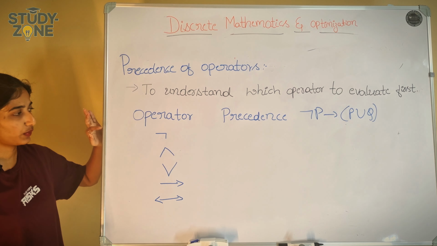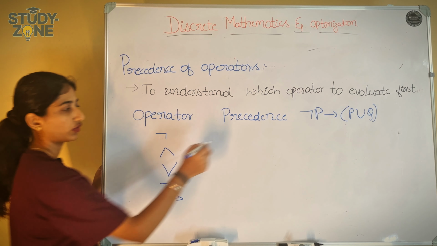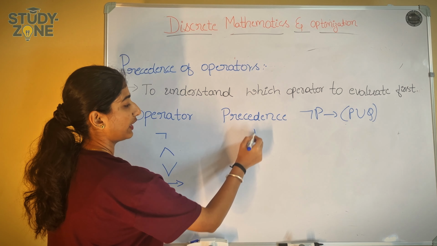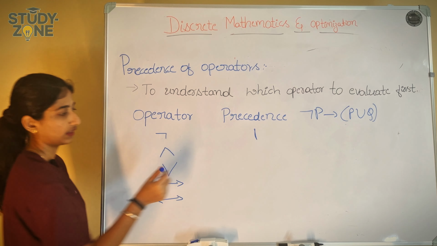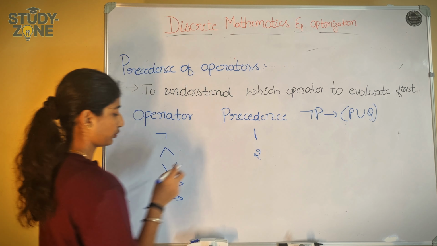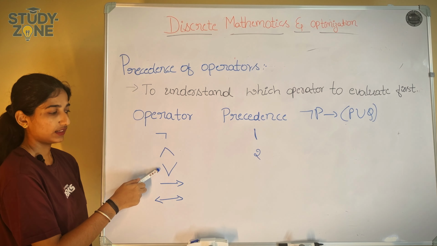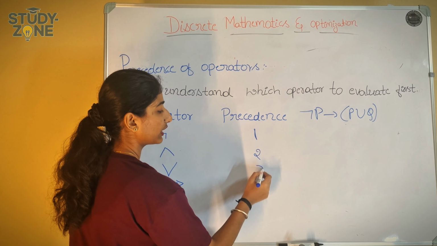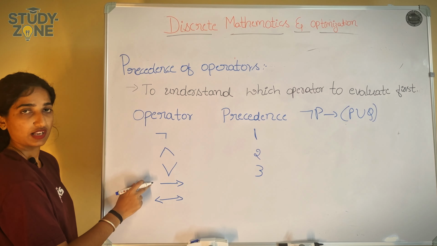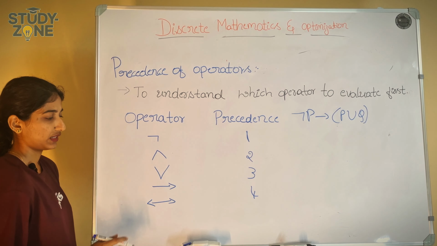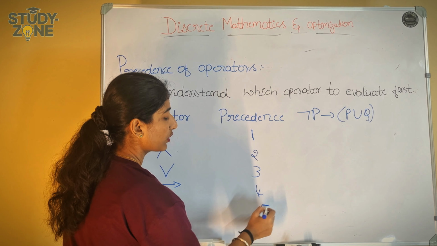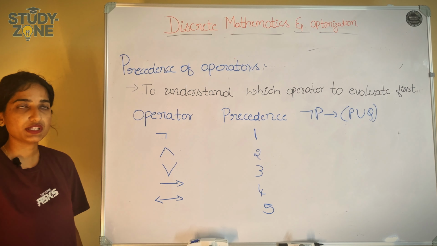So the first preference is for the operator not. So precedence 1 for not operator, and then and operator has precedence 2, and then the or operator has precedence 3, and then implication has precedence 4, and then biconditional has precedence 5.